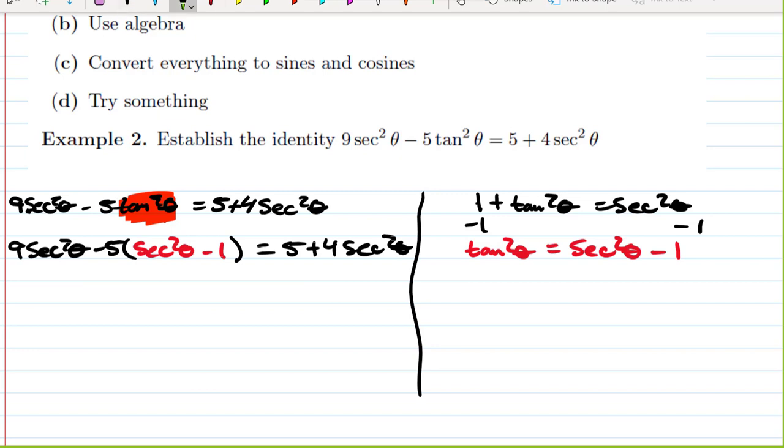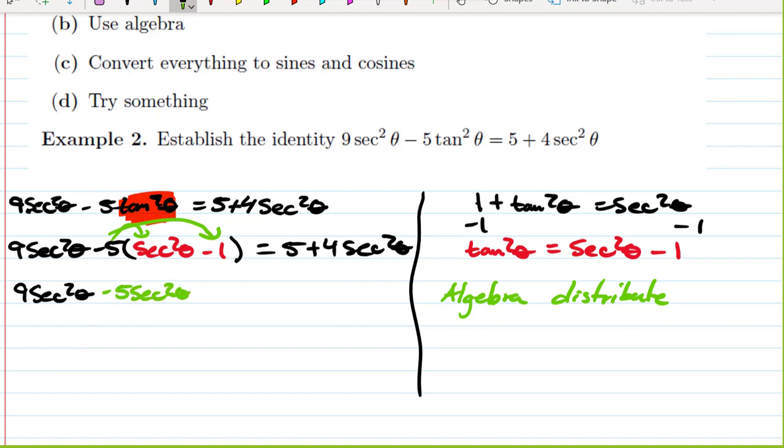So the next thing I'm going to do is just algebra, which is distribute. If I distribute my 5 into my parentheses, I get 9 secant squared theta minus 5 secant squared theta minus 5 times negative 1 is positive 5, is equal to 5 plus 4 secant squared theta.